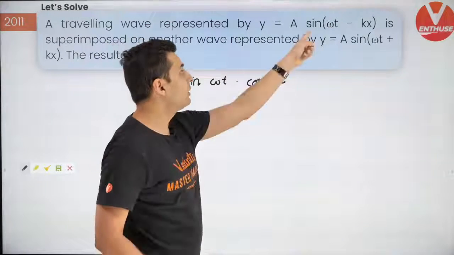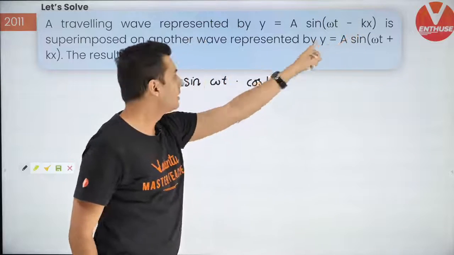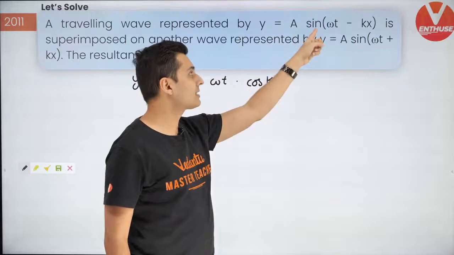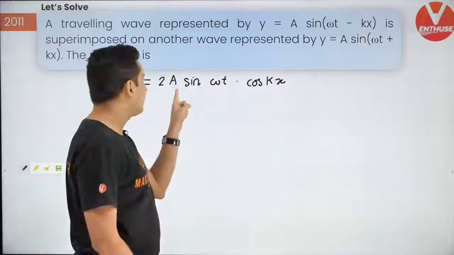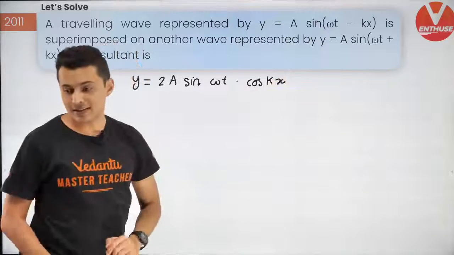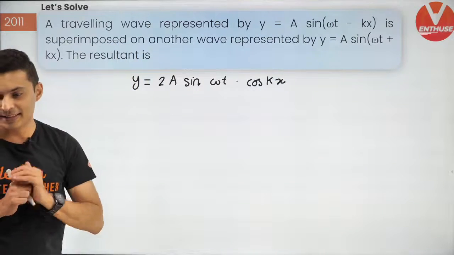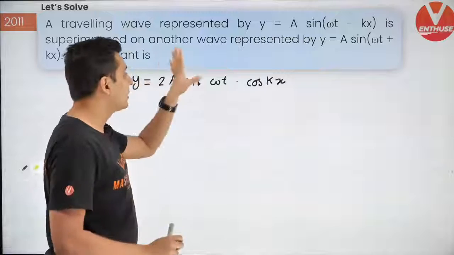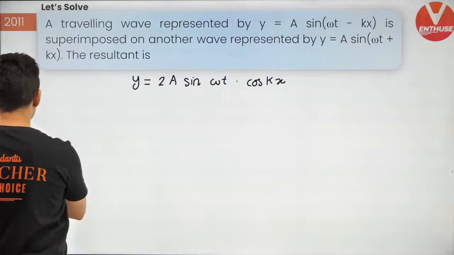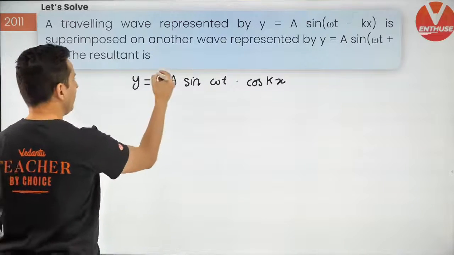Please keep in mind, if it was kx minus omega t, then you would have sine kx cos omega t. But here it is sine omega t minus kx. So I believe it should be 2a sine omega t and cos kx. Yes, that's the change. Be careful.